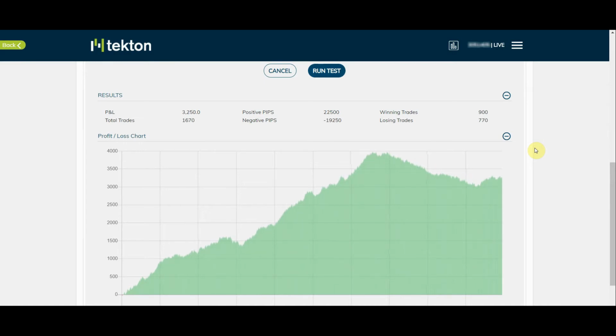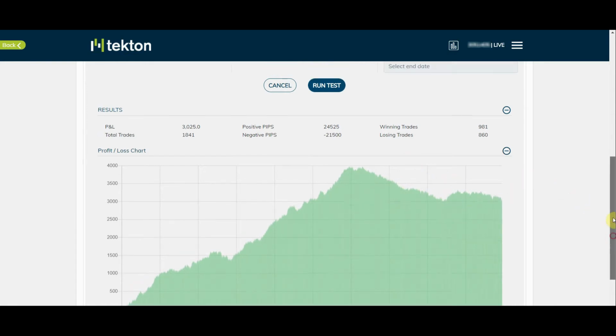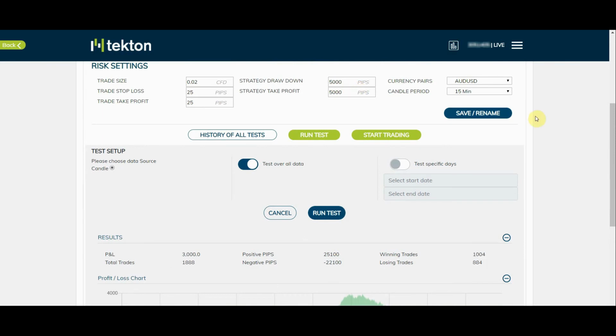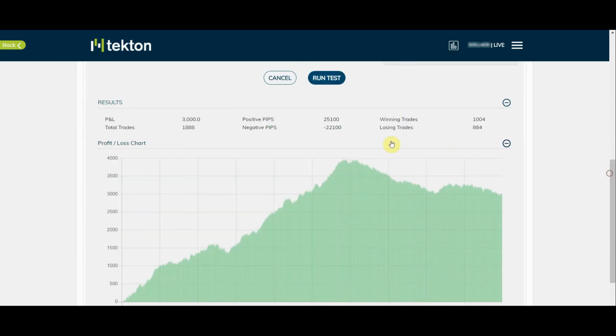So for example, this one hit a peak of almost 4,000. Now it's down to just above 3,000. So had you joined it here, you could have taken all of this loss here, but you wouldn't have done, because your strategy drawdown, if set correctly, would not have let you do that. It would have cut you out around here. I'm hoping that makes sense to everybody.